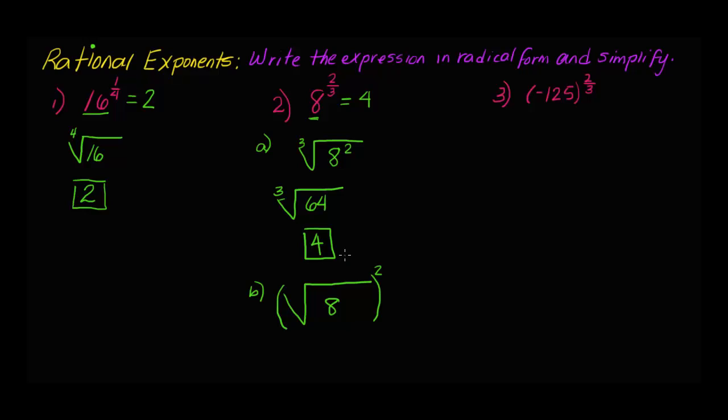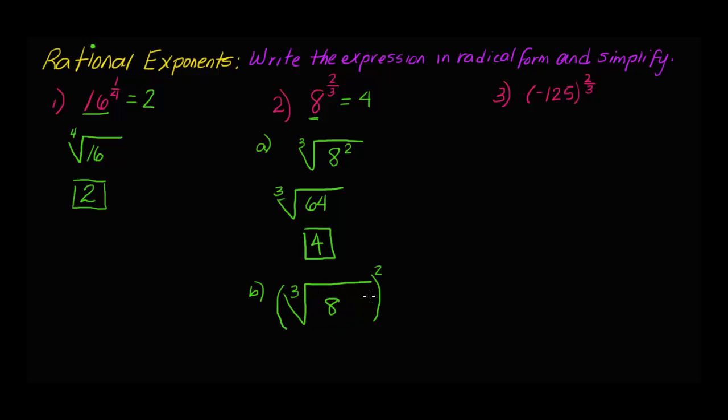And I'm going to show you that it is. And then the denominator, that's always your index. So the only difference between these 2 methods is that in the first method, I wrote the exponent inside of the radical. In the second method, I wrote the exponent outside of the radical, raising the radical to the second power. And I like this method better because then I simplify what's inside the parentheses.